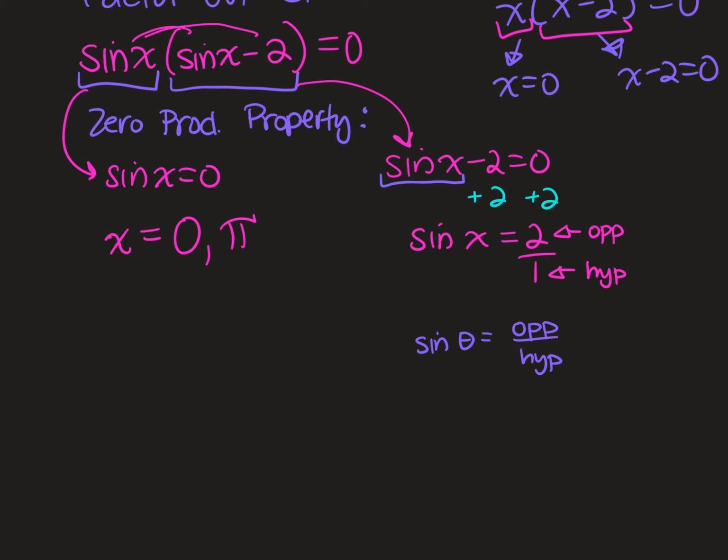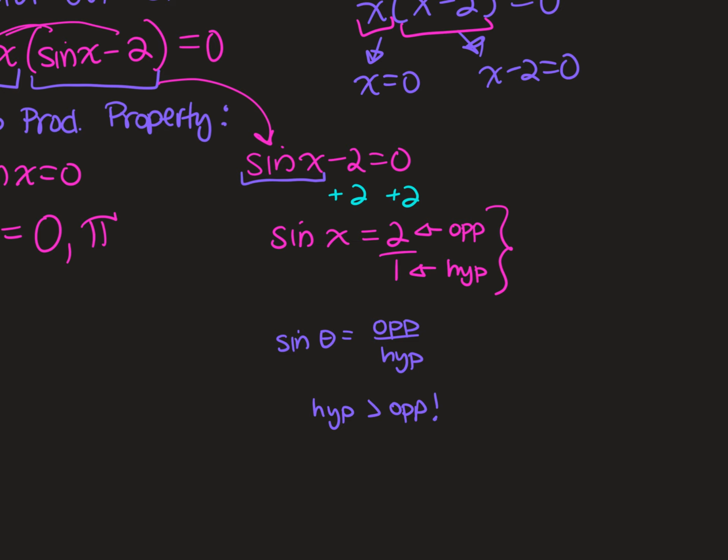Hypotenuse has to be the largest side in your triangle. If it's not, it's not going to form a triangle. So, if we know that the hypotenuse has to be greater than the opposite, what does that tell us about our situation here? It's not possible. Because we have a smaller hypotenuse than the opposite side in this expression.